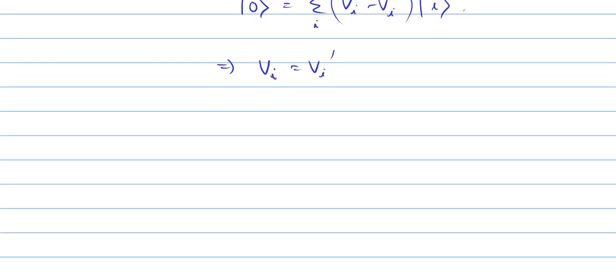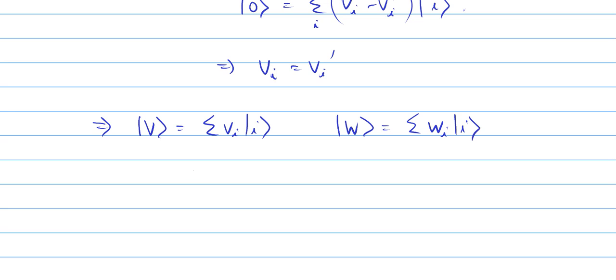From these theorems and definitions, some things are very easy to follow. Like if I have v written as the sum of vi times the basis vectors, and if I have another vector w written like this, if I sum those vectors, I just need to sum their components.